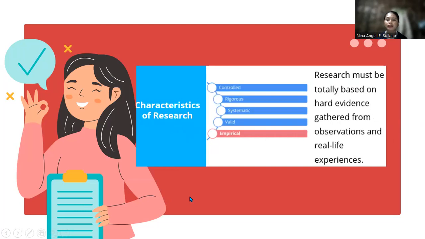And empirical as well. So that is the reason why you have review of related literature and related studies so that your study may have hard evidence and you can defend your study very well because you have that strong evidence.